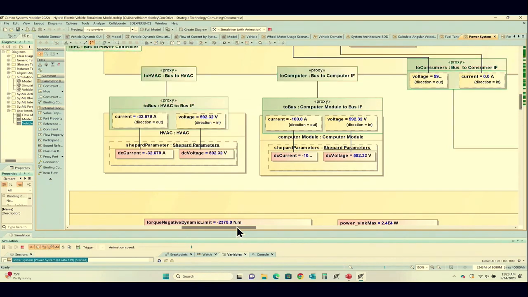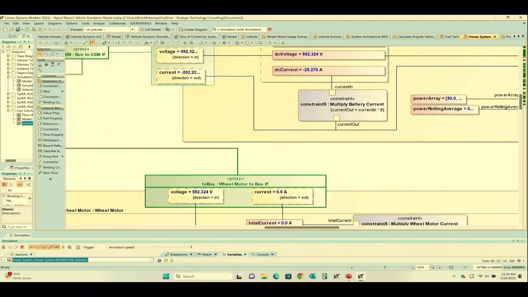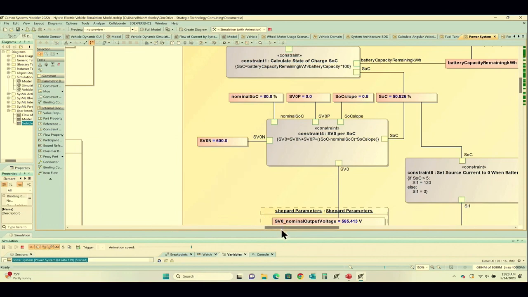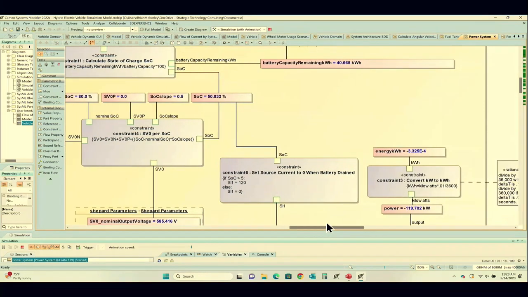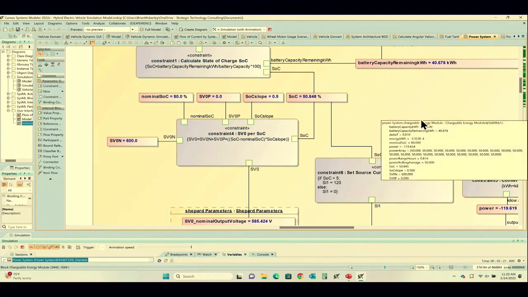And one of these is consuming power. I think both of these are consuming power at the moment. If we go over and look at the battery, notice we have this state of charge that is being calculated. One of the things I didn't jump into, there's an activity that is also draining that battery based on how much power we're using.